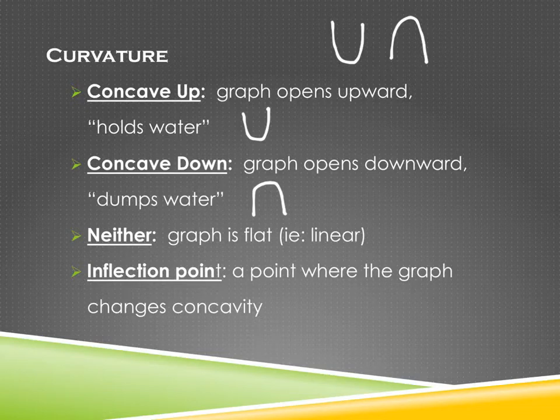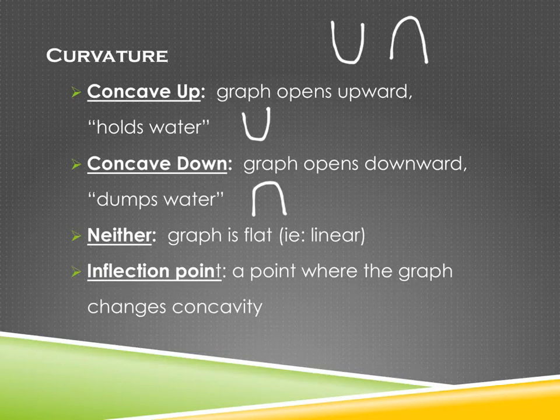Good. So a concave up graph is a graph that opens upward. One way we can sometimes describe it is that it holds water. A concave down graph is a graph that opens downward or dumps water. Now, before I move on to the other two, it doesn't have to be just one or the other.